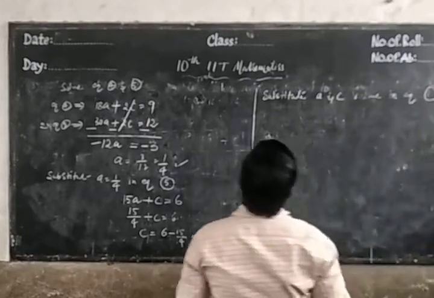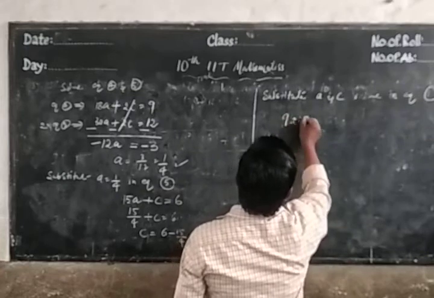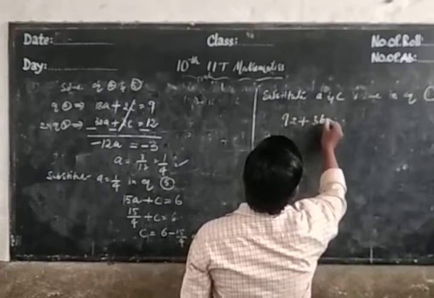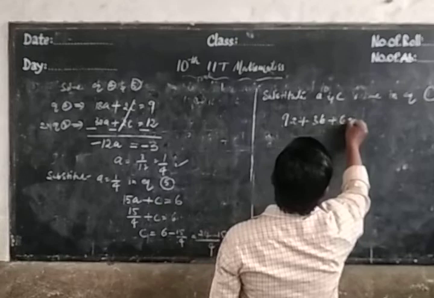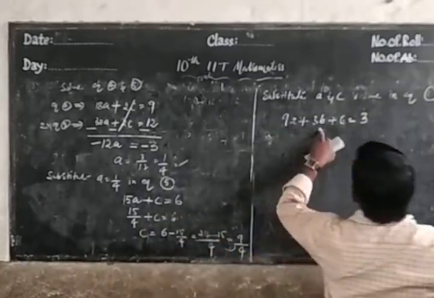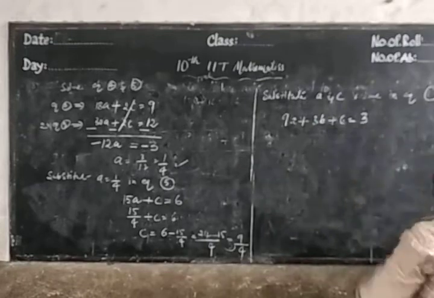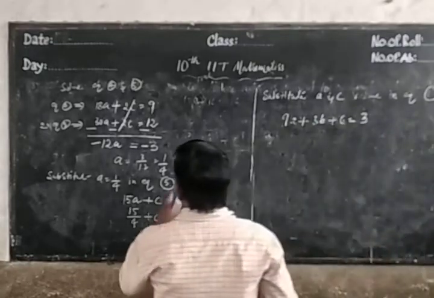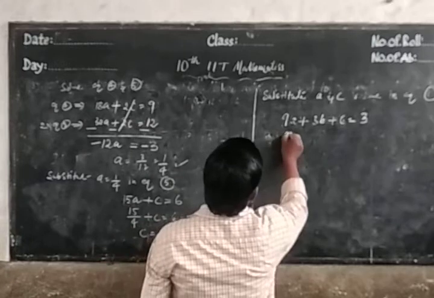What is equation 1? 9a plus 3b plus c equal to 3. 9a plus 3b plus c equal to 3. A value means 1 by 4, that means 9 by 4.